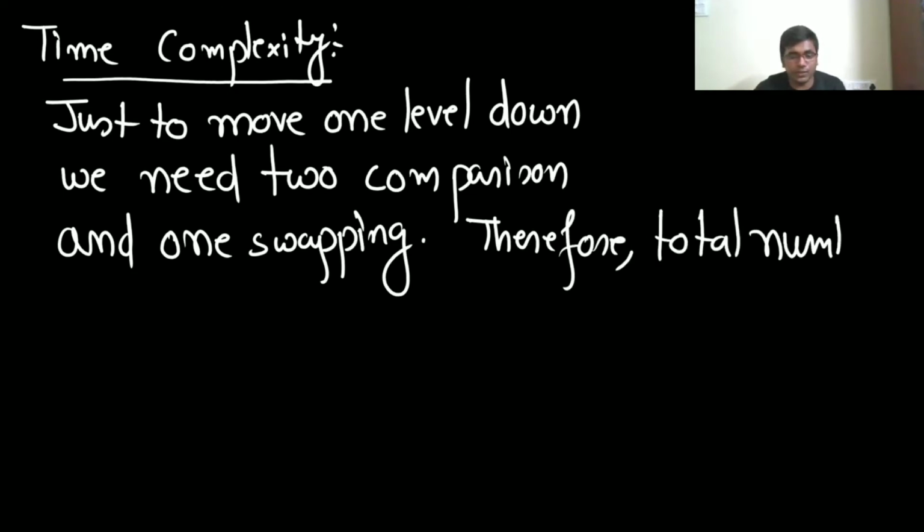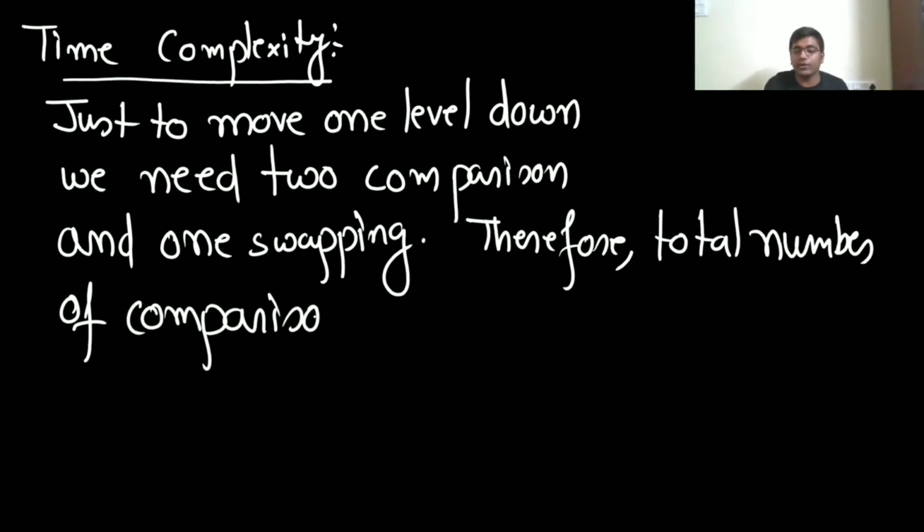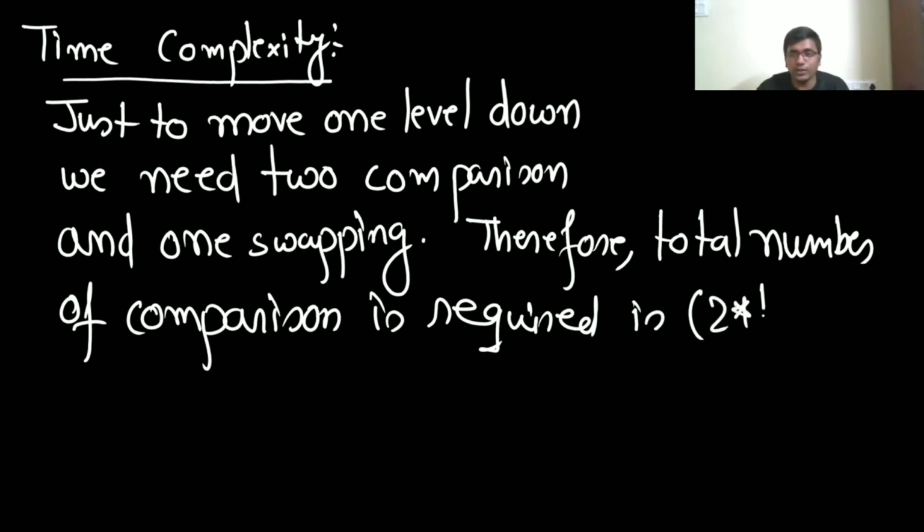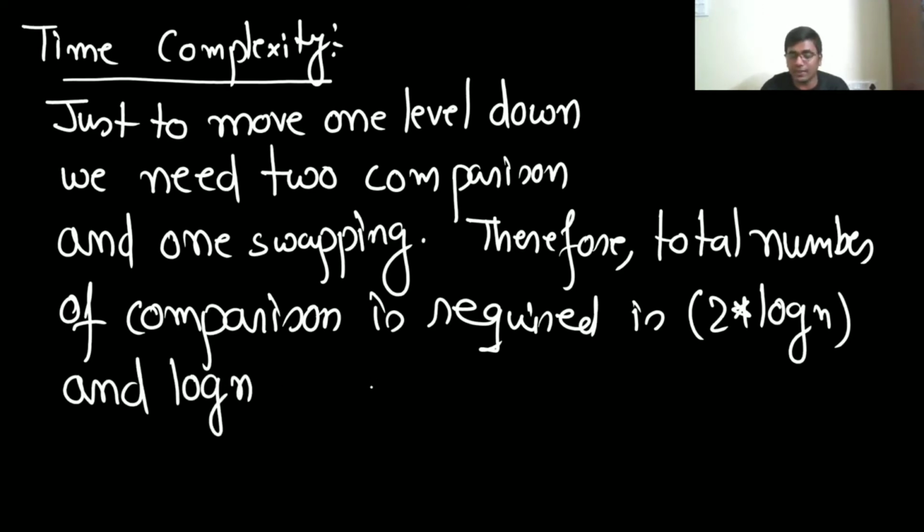Therefore, the total number of comparisons required is 2 into log n, and log n swappings, because you know that the height of the tree is going to be log n. Whatever the height is, that many swappings we are doing.